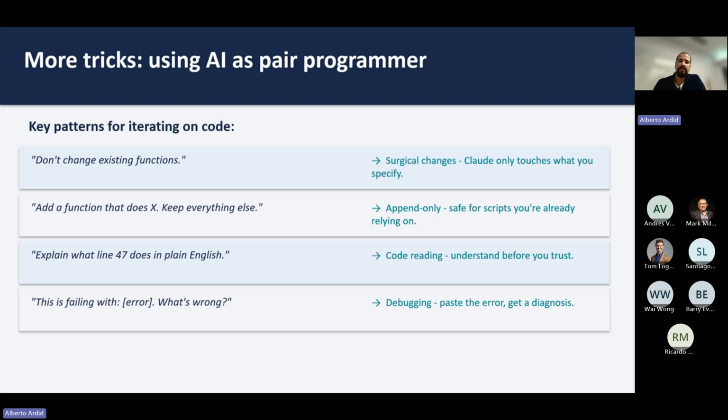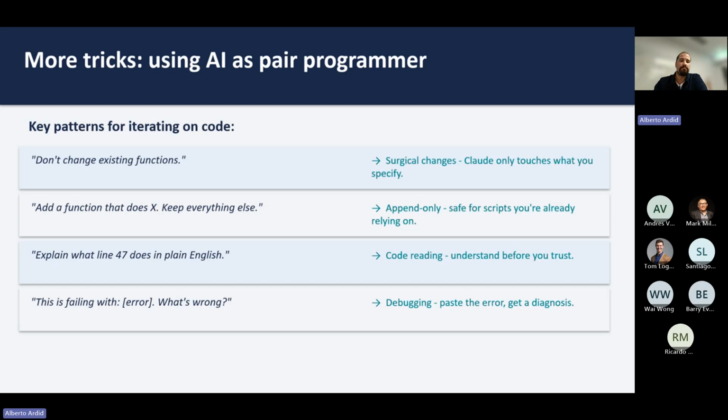Be specific: don't change the existing function and just work on this one. Be specific: I want to add a function that does this, and keep everything else how it is. Other typical stuff: explain to me what is happening in this block, and it will give you a decent explanation.